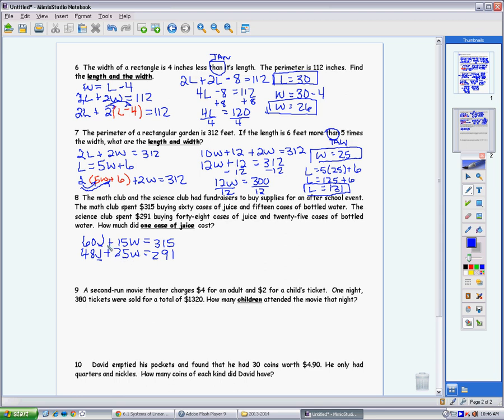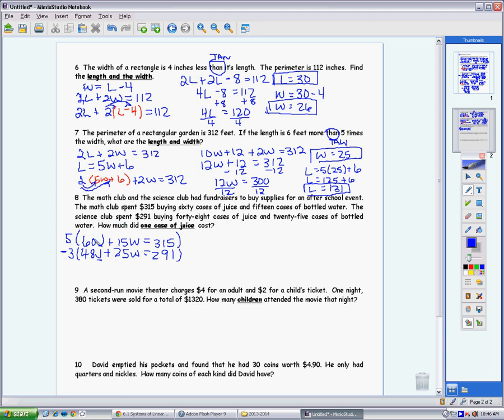So actually my least common multiple between 15 and 25 is going to be 75. So that means I need to multiply the top equation by 5 and the bottom equation by 3. And you'll see these are both positive. So in order to cancel out, one of these has to be negative, and I'm going to choose the negative 3.